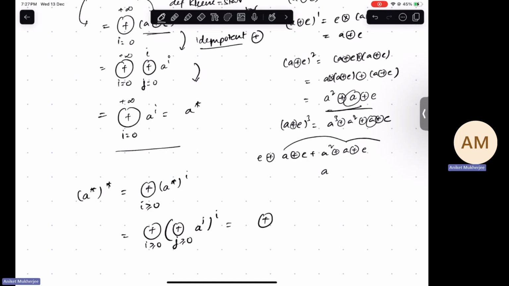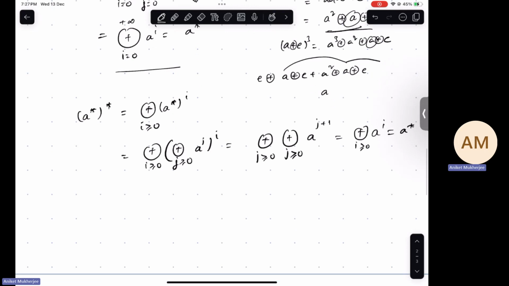So this is basically equal to the sum over i greater than or equal to 0, and j greater than or equal to 0, of A^(j plus i). That is, from idempotency, you get the sum over i greater than or equal to 0 of A^i, which is A star. So if you apply the Kleene operator twice on the same element, you will again get back A star.